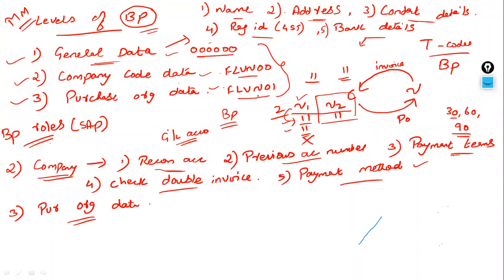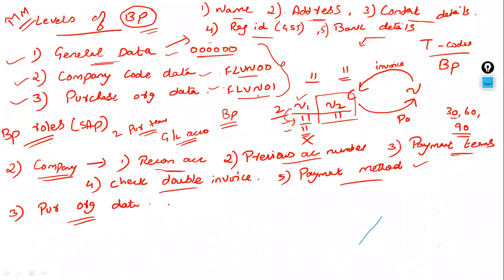Okay. Now what happens in your company? You have two purchasing teams. What is a purchasing team? A purchasing team is nothing but purchase organization data, right? That is your purchase organization. When we create the enterprise structure, what I told you, wherever you see the purchase organization, those are your purchasing teams, right?